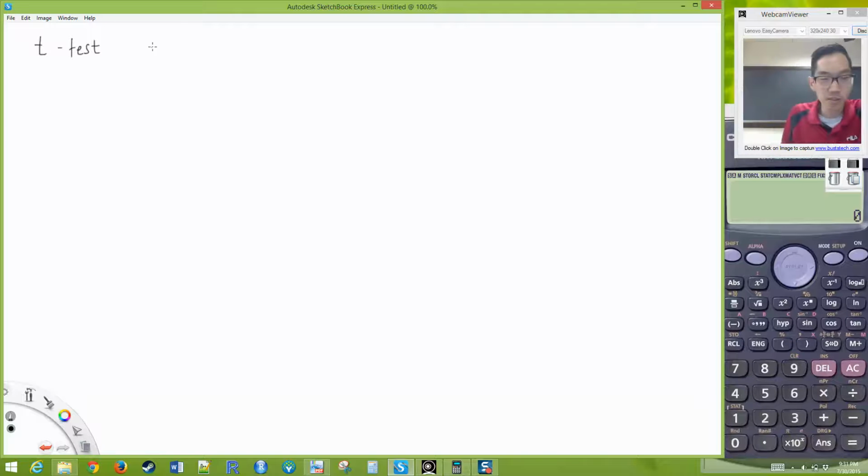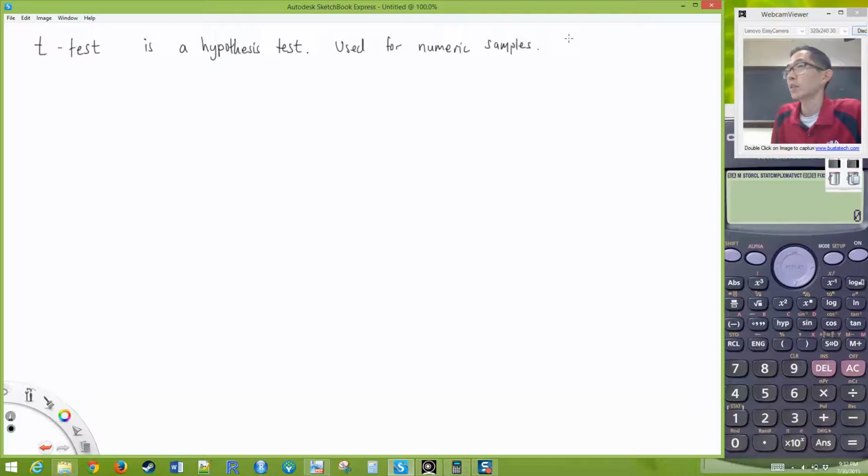Okay, so a t-test is a hypothesis test, and it's used for numeric samples. And we are testing the value of the population mean.